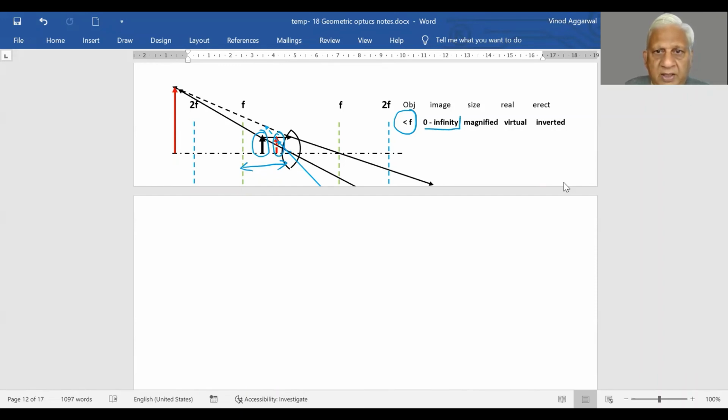The image can vary from as close as this to as far as this, so it will go from 0 to infinity, depending upon how close the object is. It will be magnified, but it will be virtual. Whether it is closer or far, the image will be virtual, and it will be erect. It will not be inverted, it will be erect.